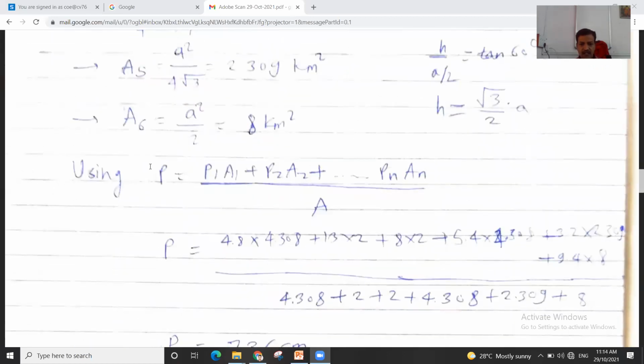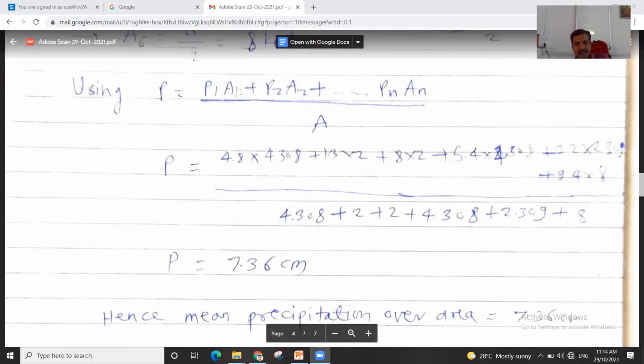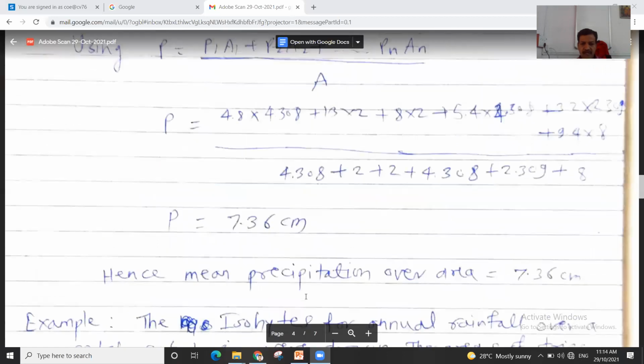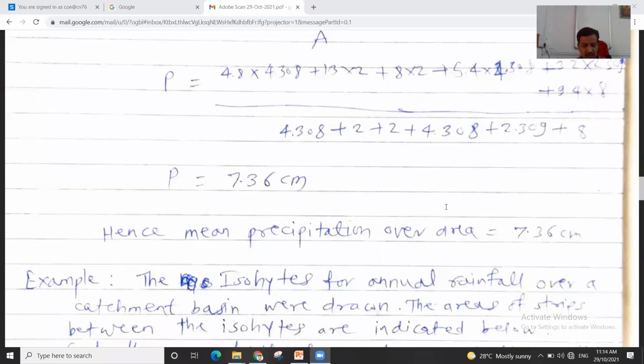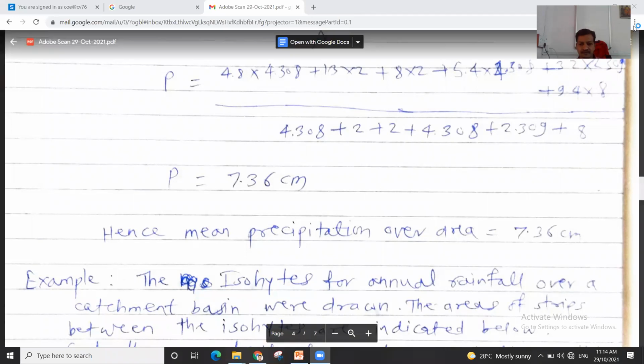Then by putting the values of areas in this equation, we get the mean precipitation or area. समजलं? तर mean precipitation किती येईल?